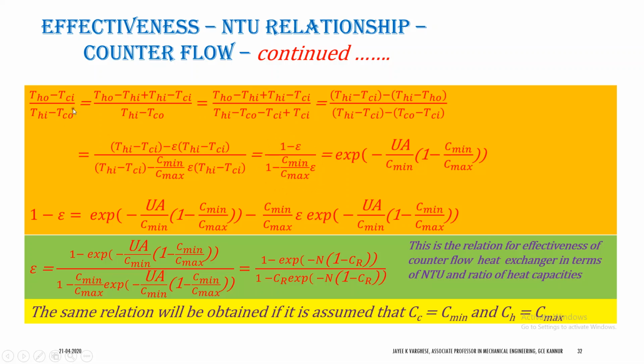So the left side of that equation is written as (1 minus epsilon) divided by (1 minus Cmin by Cmax epsilon). This was actually a temperature difference ratio, which is in turn written as a function of epsilon and the ratio of specific heat rates. It's so simple.